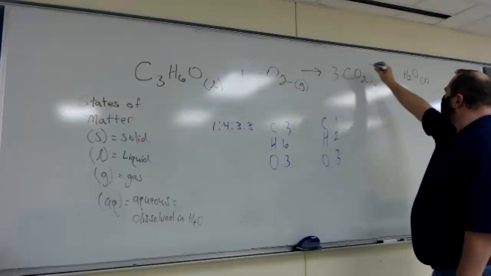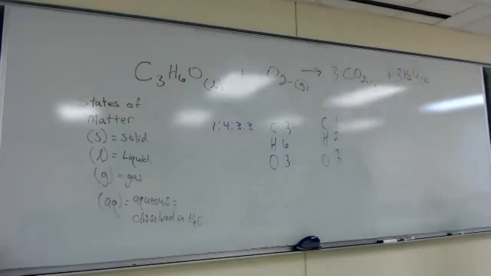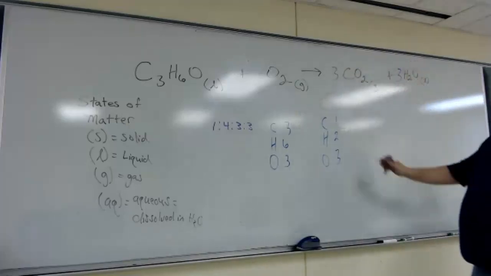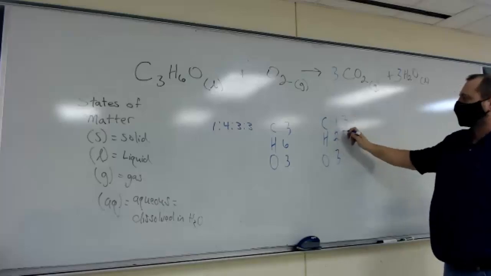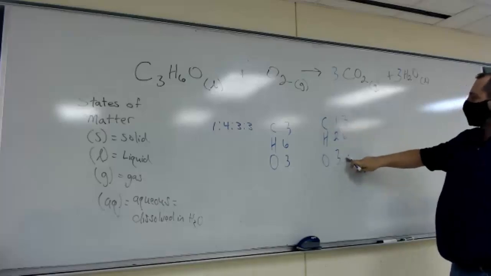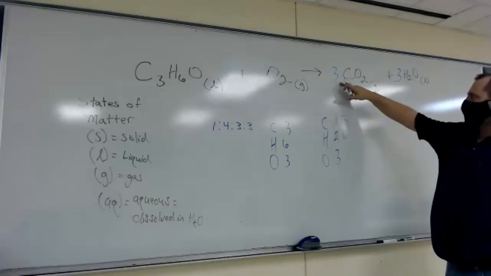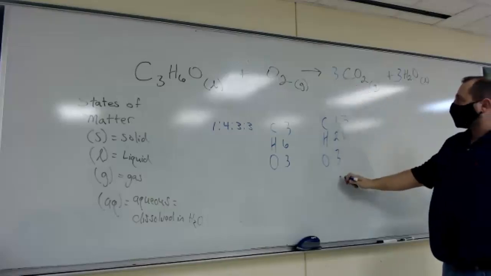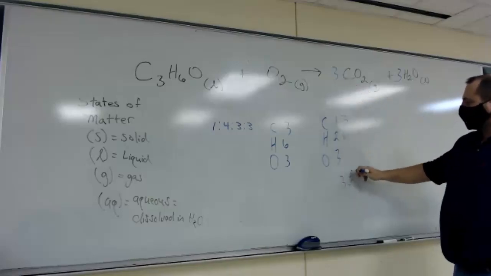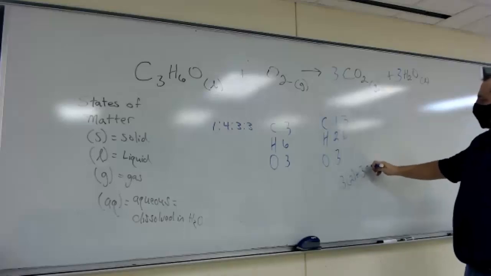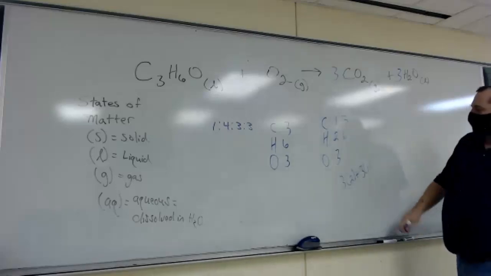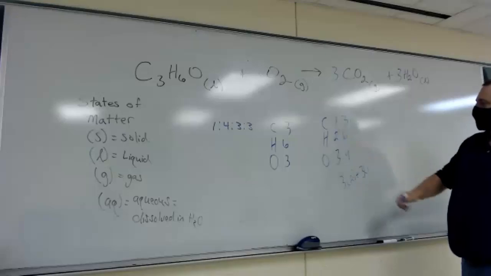Then you probably started here and here. Change that to 3, this to a 6. Notice I didn't do that intermediate step after I changed that 3. I'm going to come back and do that all at once. That's where you got the 9.